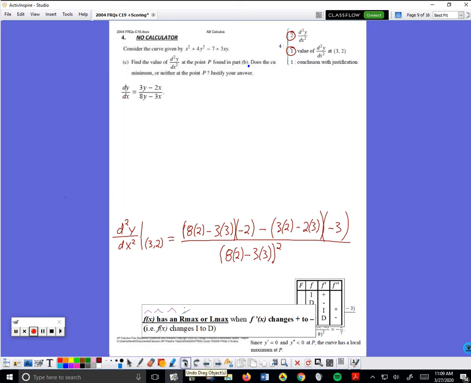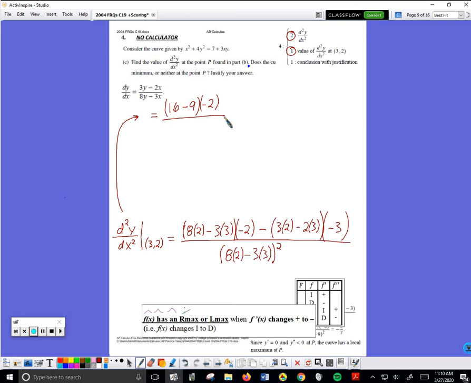If you kept going here, let's see, this is going to wrap back up to here. You would have had 16 minus 9 times negative 2. Oh, this is convenient. 6 minus 6 is 0, so this is gone.